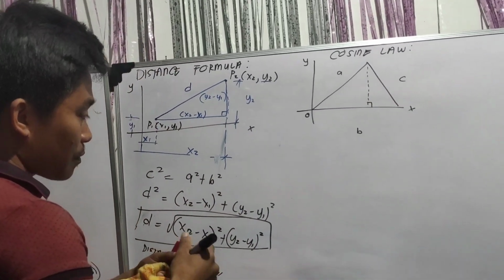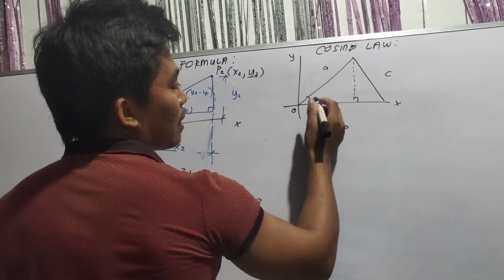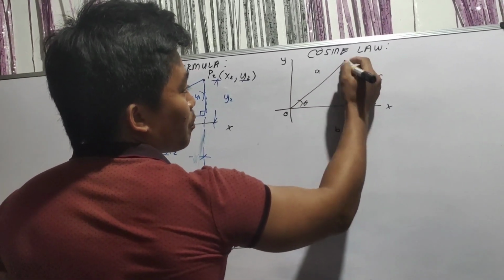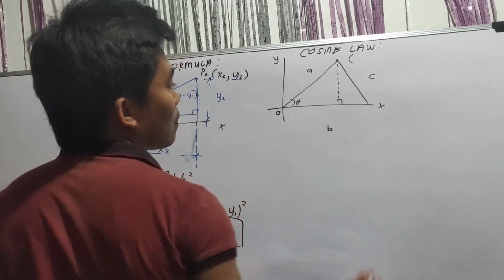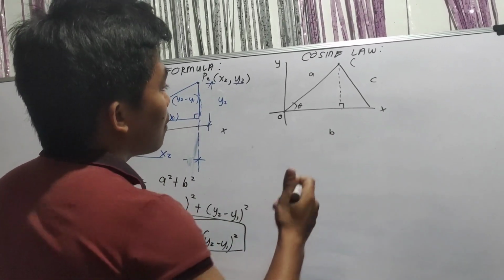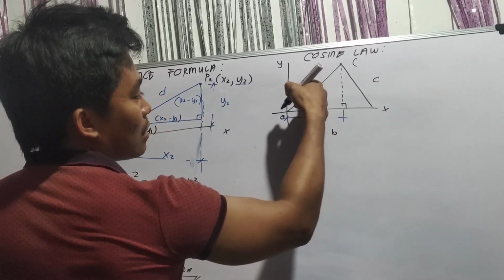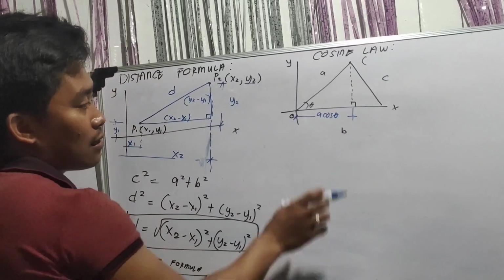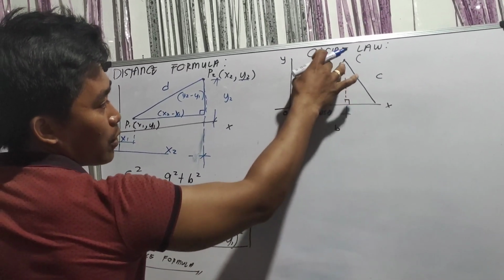Now, let's say we have this angle theta subtended by this leg A. Of course, we can compute the coordinates of this point. From here to here, that is just A cosine theta. This is adjacent, and cosine theta is adjacent over hypotenuse.